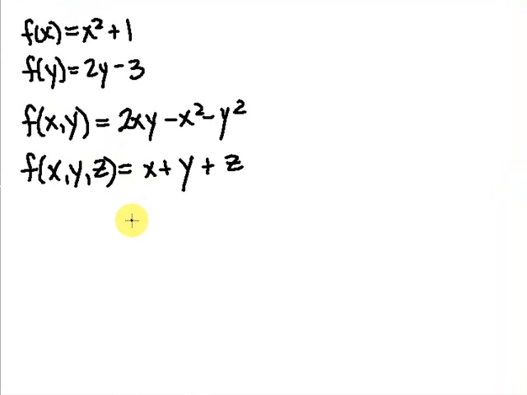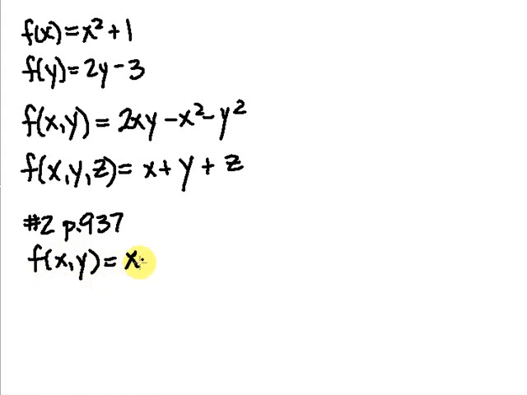So in this first example, we're going to just practice using the notation. This is very similar to number 2 on page 937. We're given f of x, y equals x plus the cubed root of xy. And in part A, I'm going to ask you to find f of 2, 4.